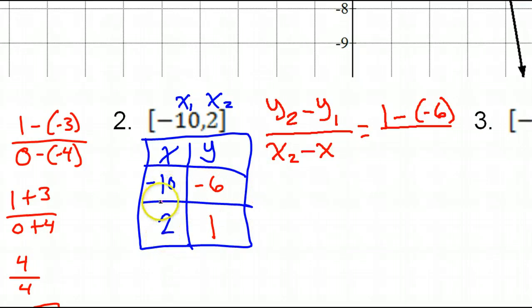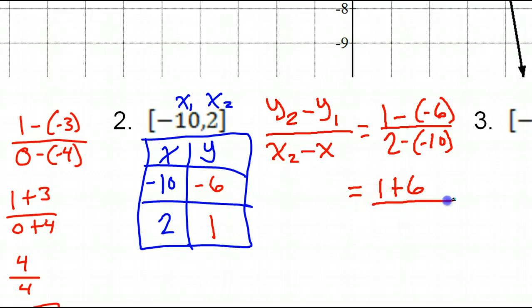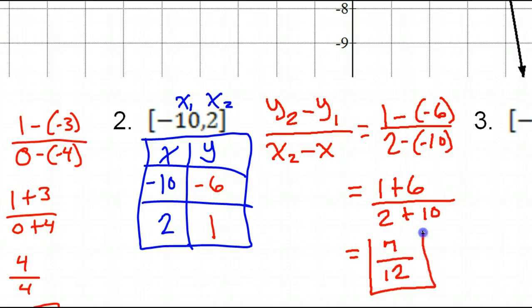I've got 2 minus negative 10. Again, when you have minus and negative, that is addition. So this is really 1 plus 6, and this is really 2 plus 10. So this is 7 over 12. And that is the rate of change for problem number 2.